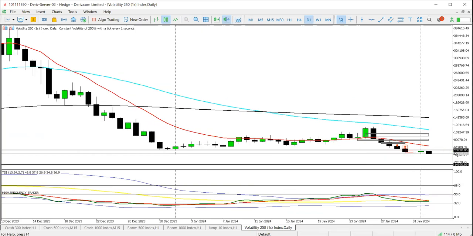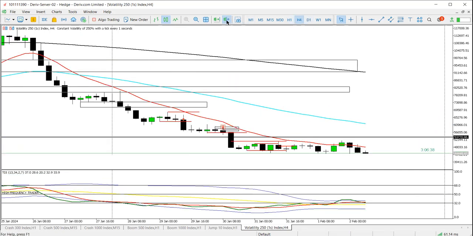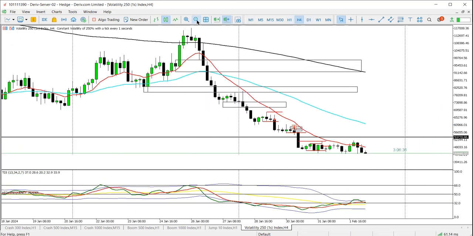So we've broken 53,770, pulled back to retest, and it seems like we are pushing down now. Depending on how today's daily candle closes, it will also determine how we're trading it tomorrow. If we close bearish, then tomorrow we're definitely selling. So let's see where we can potentially enter from.